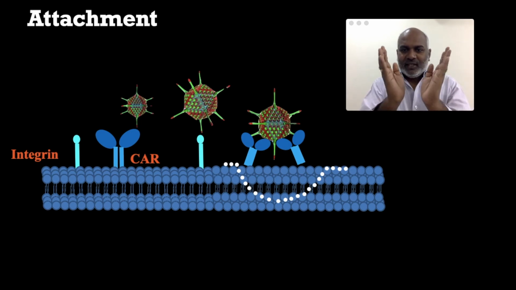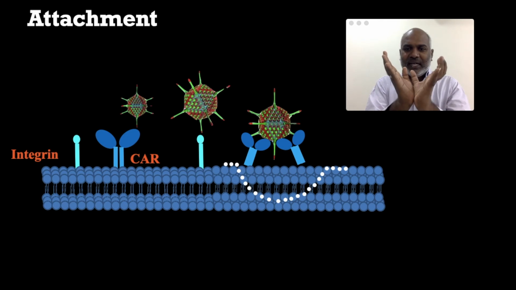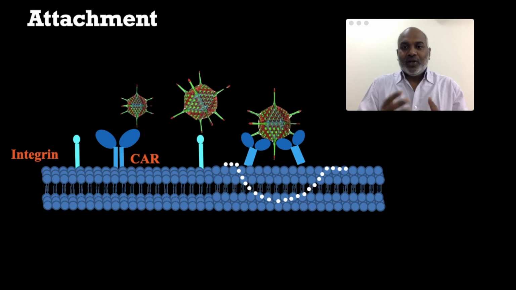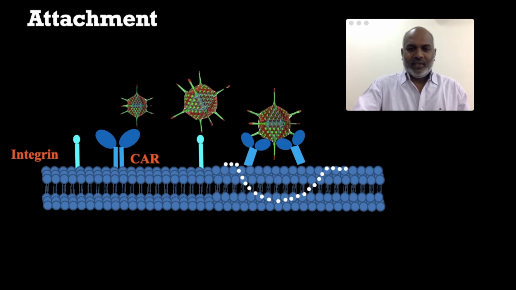Due to that, they slowly try to form a pit-like structure. This pit is nothing but a clathrin coated pit. We can also call it clathrin associated endosome formation. Then because of that, they try to form the endosome.